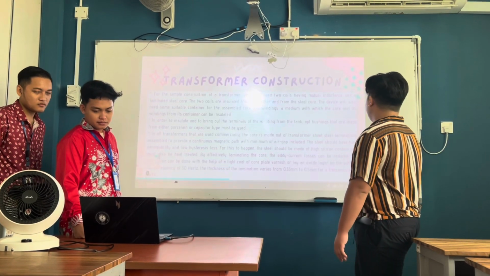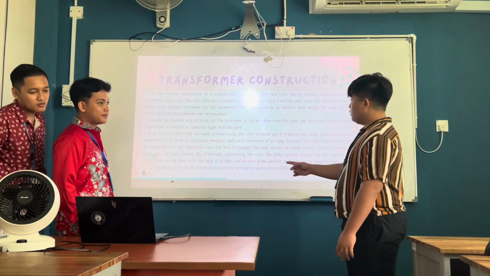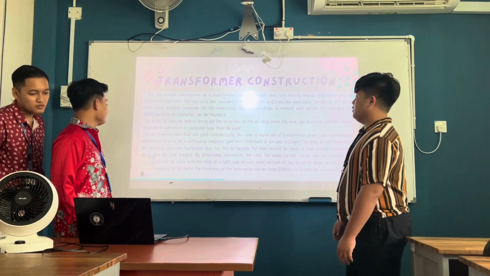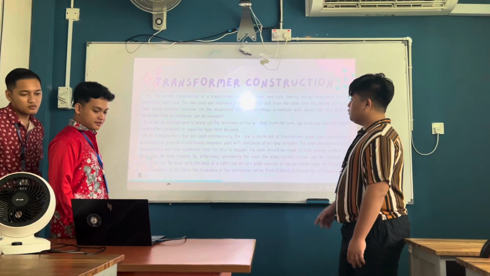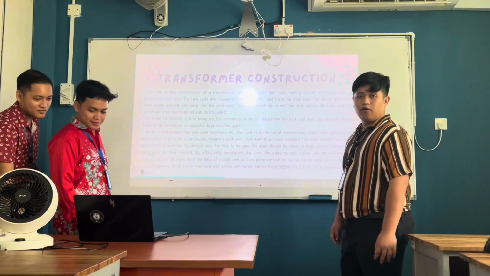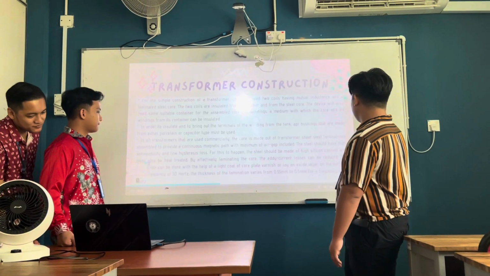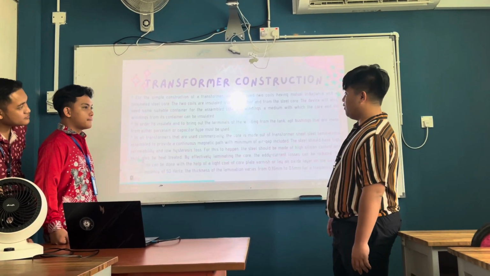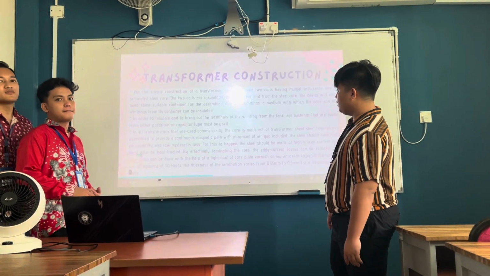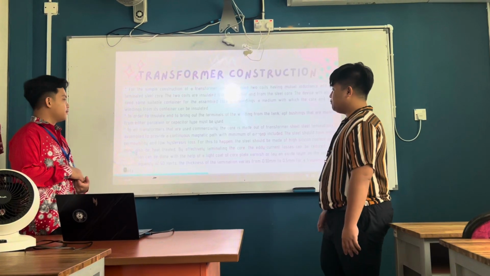The medium with which the core and each winding are insulated from the container is also needed. In order to insulate and to bring out the terminals of the winding from the tank, bushings made from either porcelain or capacitor type must be used.